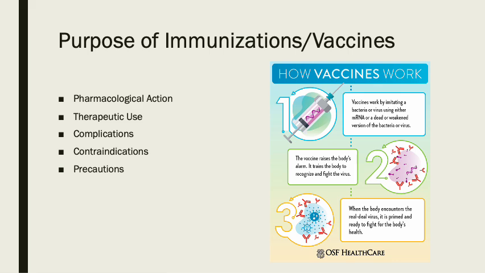Immunizations have been useful to eradicate infectious diseases like polio and smallpox. They also help to prevent childhood and adult infectious diseases like measles, diphtheria, mumps, rubella, tetanus, and influenza, and any complications associated with those. However, immunizations do have complications, contraindications, and precautions.